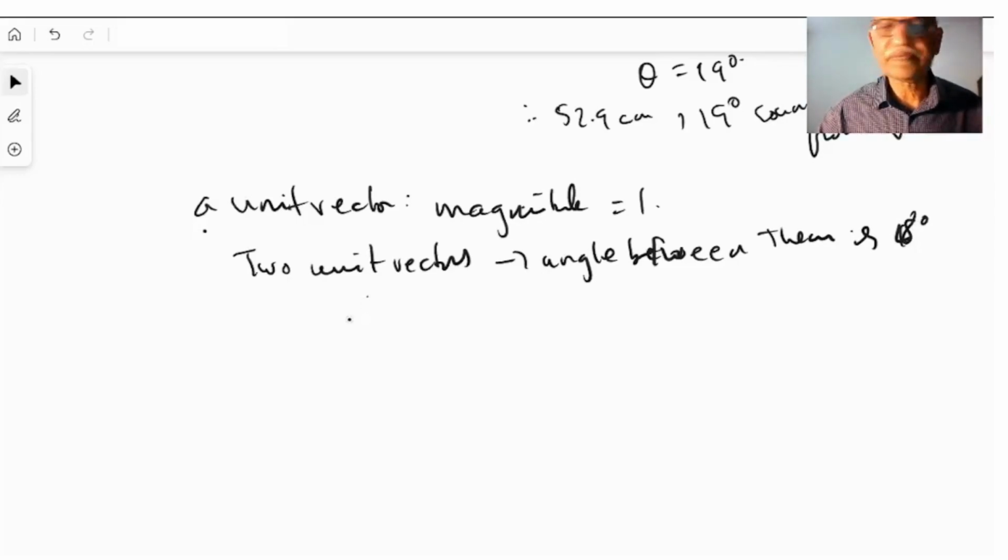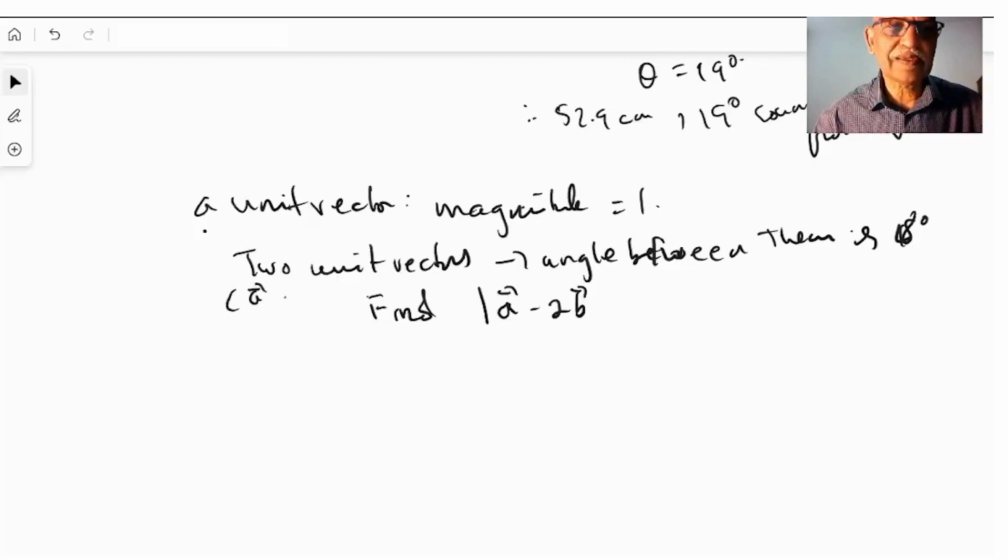Find the magnitude of A minus 2B. So we have two unit vectors, A and B. Find the magnitude of A minus 2B.